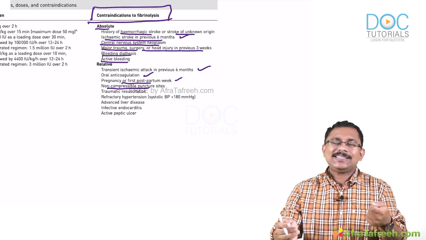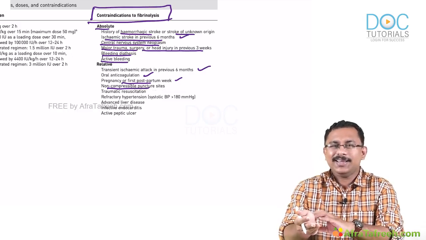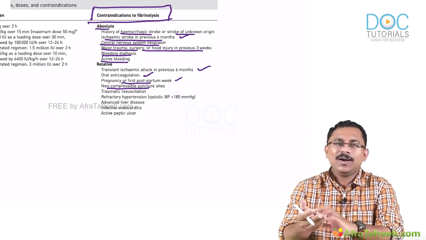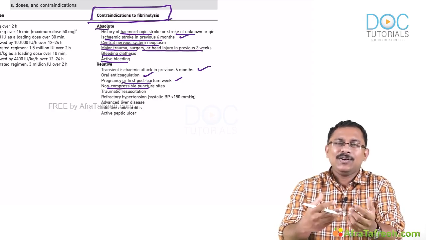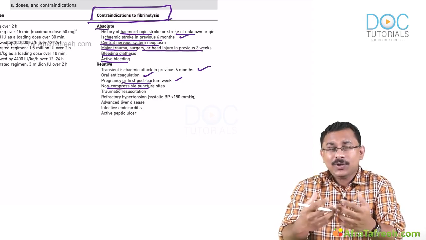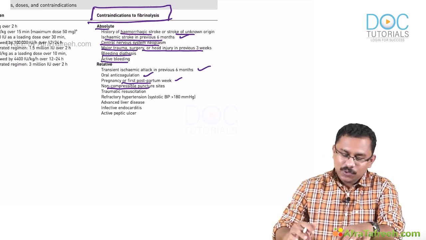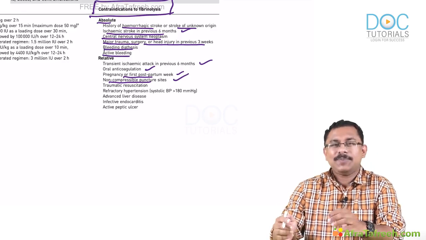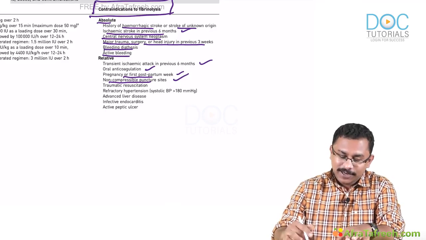If you have a bleeding from, say, your radial artery, it is a compressible site, no? But if you have a bleeding from a large vessel which is not a compressible site, you are going to land up in a devastating blood loss in that patient. So non-compressible puncture site bleeding is a relative contraindication.